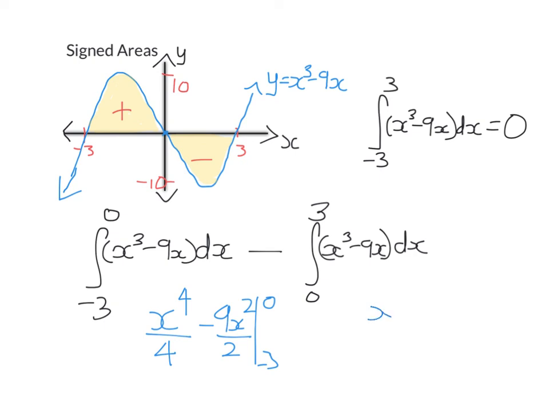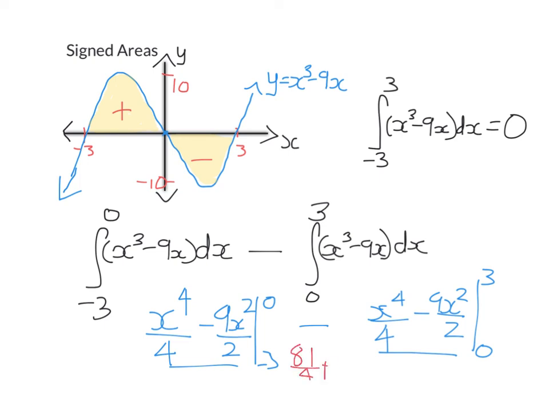It'll be x to the power of 4 over 4 minus 9x squared on 2. But I'm going to evaluate it between 0 and 3, and I'm going to subtract this answer here from this answer. So doing this and putting it on my calculator, I should get 81 on 4 plus 81 on 4.